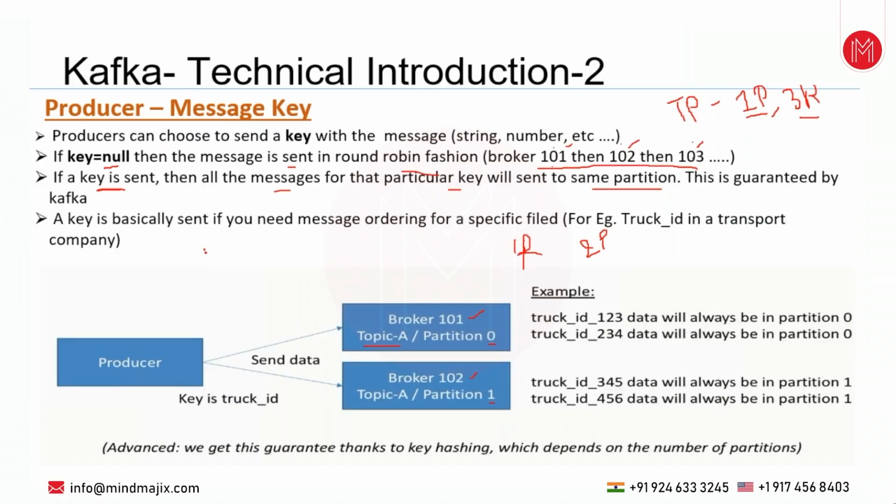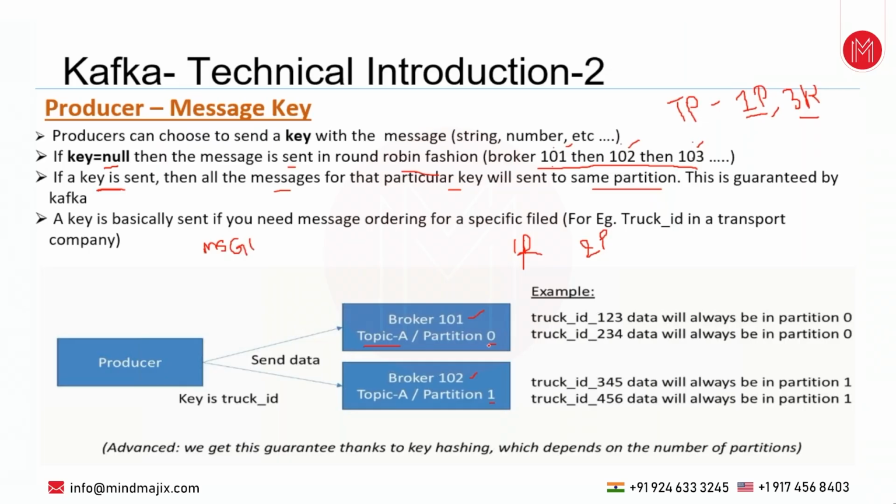If it is sending the data without a key, for example, message number 1, this is my first message. When this is sent, let's assume the message has gone to partition 0 the first time. Now, whenever a producer is sending data without a key, say the second message is message number 2, this message number 2 will go to partition 1.